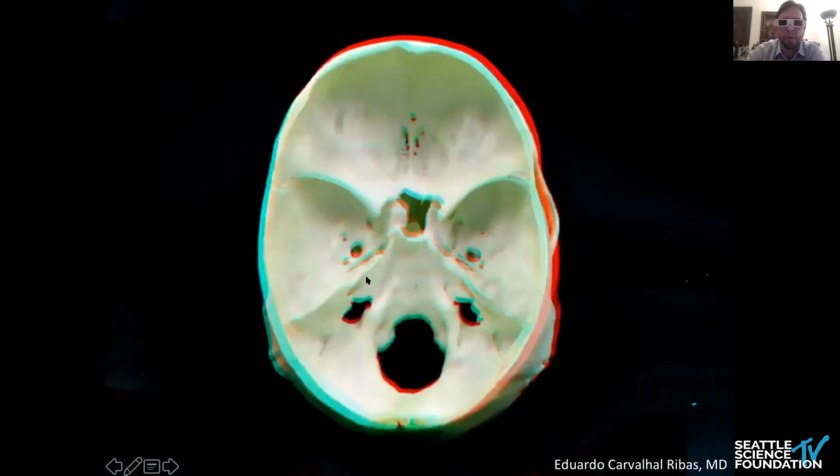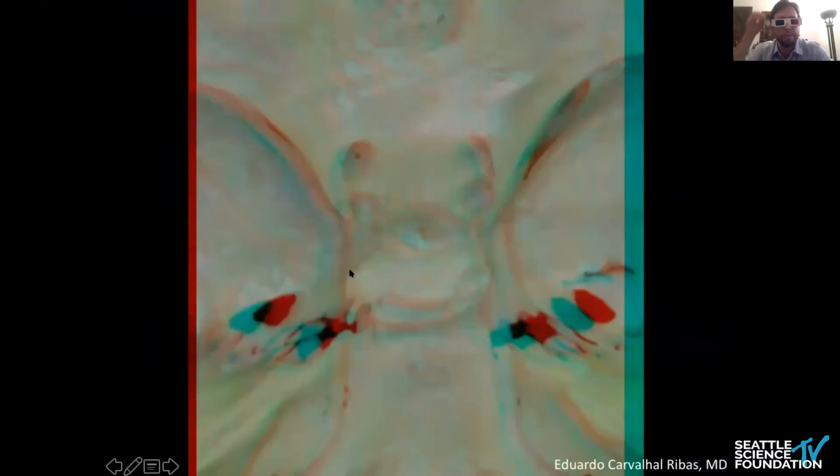So if we see the skull base from superiorly, we cannot see this channel here because it's inside the petrous bone. But in most people, some part of this channel will be already opened, a little bit exposed at the middle fossa surface, okay?